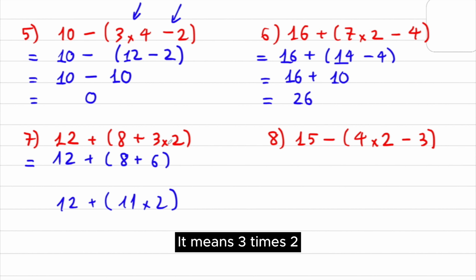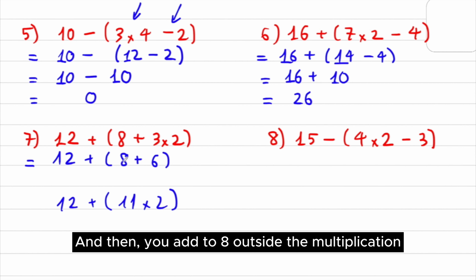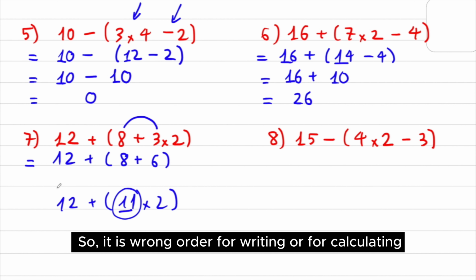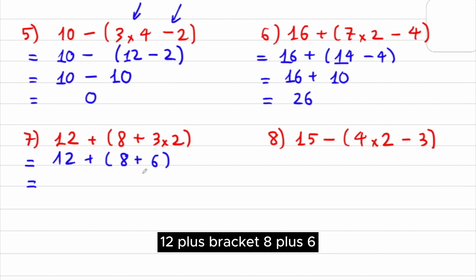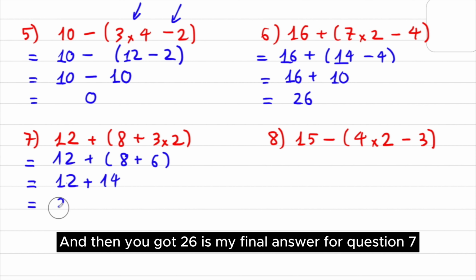It means 3 times 2, you have to calculate first, and then you add to 8 outside the multiplication. But this action means you take 3 plus 8 first, so this is the wrong order for writing or for calculating. Okay, go on. 12 plus a bracket, 8 plus 6. So 12 plus 14, and then you got 26 as my final answer for question 7.